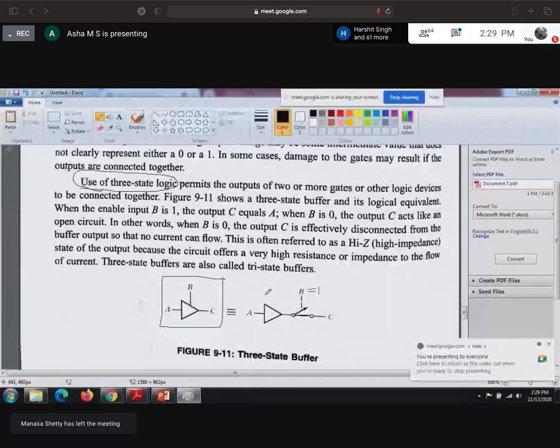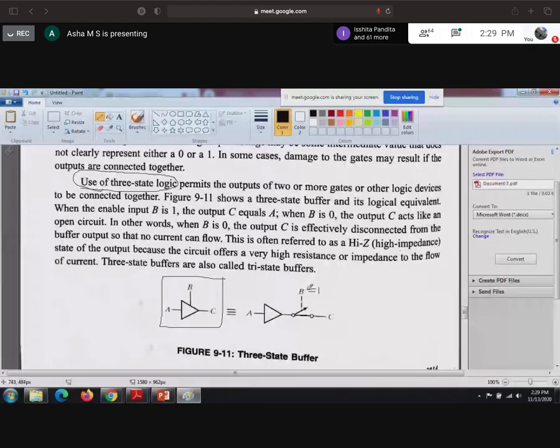Whatever value is in A flows through the buffer to C, which means that when enable input B equals 1, C equals A. When B equals 0, there is no connection between the buffer and C. It acts like an open circuit, or we can say that when B is 0, the output C is effectively disconnected from the buffer output so that no current flows.